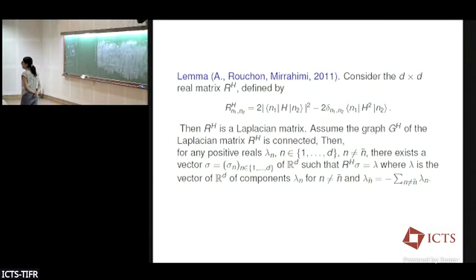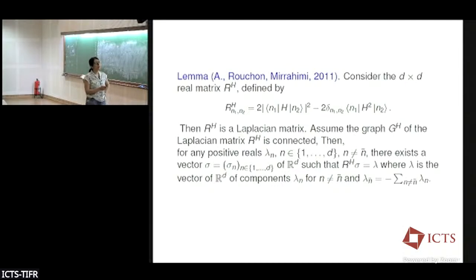Why we talk about this may be very strange here, but it's a very natural thing: we have this Laplacian matrix which appears if you want to restrict your limit set to the state n bar n bar.